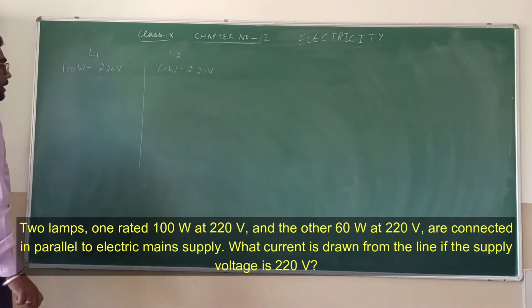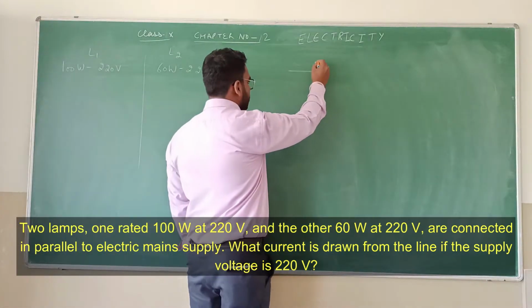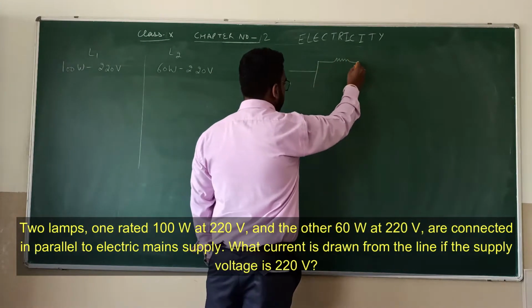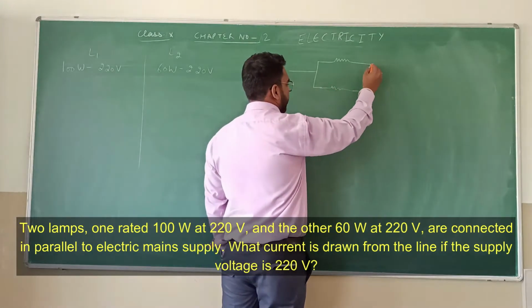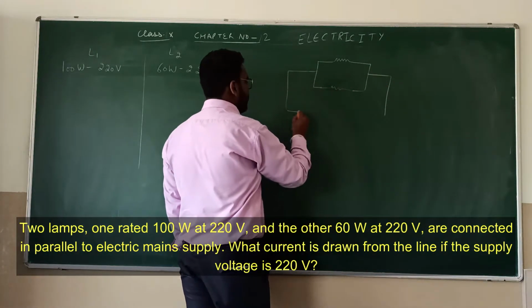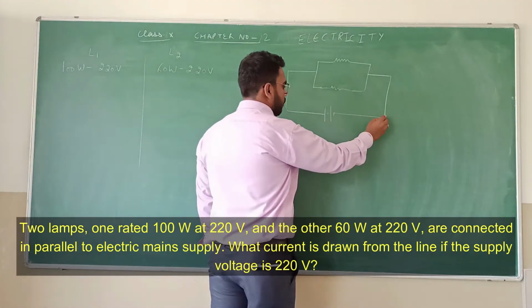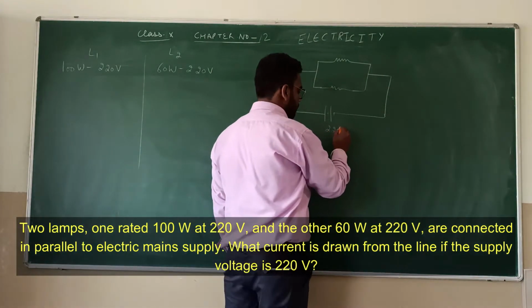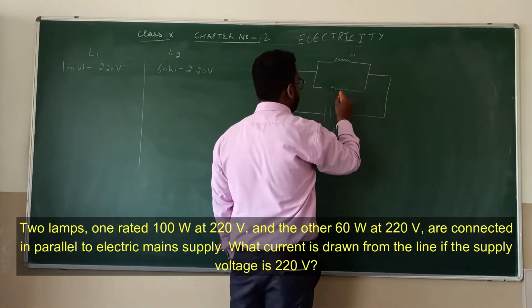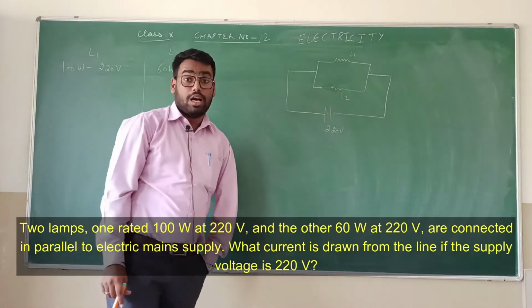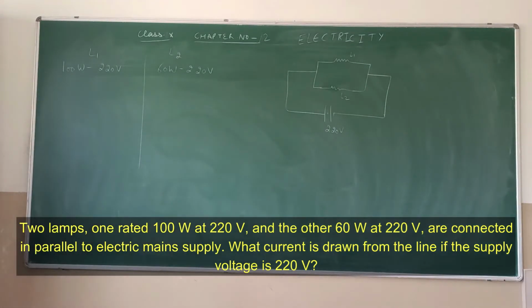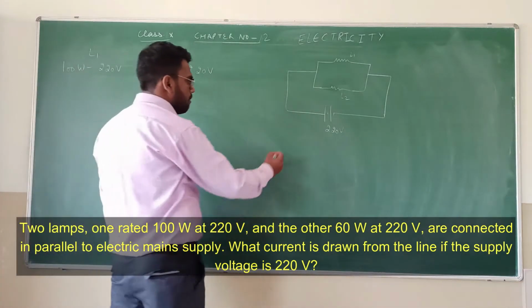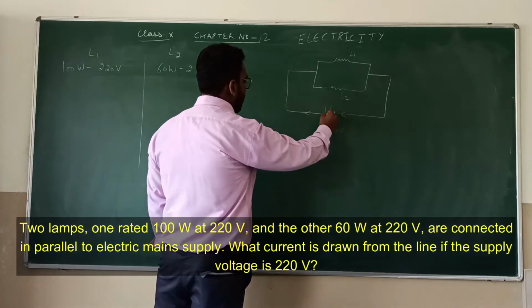These two lamps are connected in parallel with 220 volt mains. Let us say this is lamp 1 and this is lamp 2, with resistances R1 and R2. The question is, we have to find the total current that will flow from the mains.